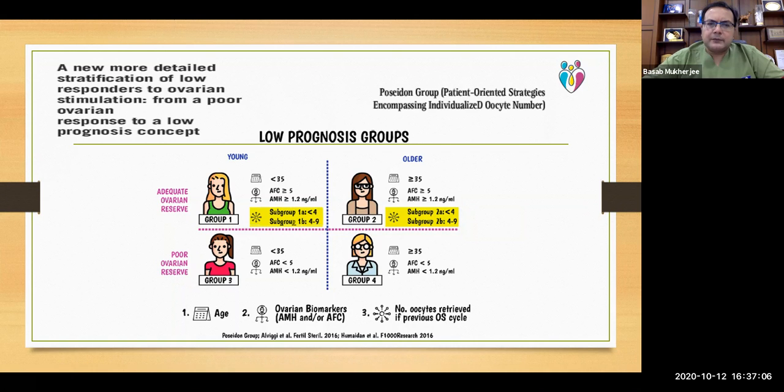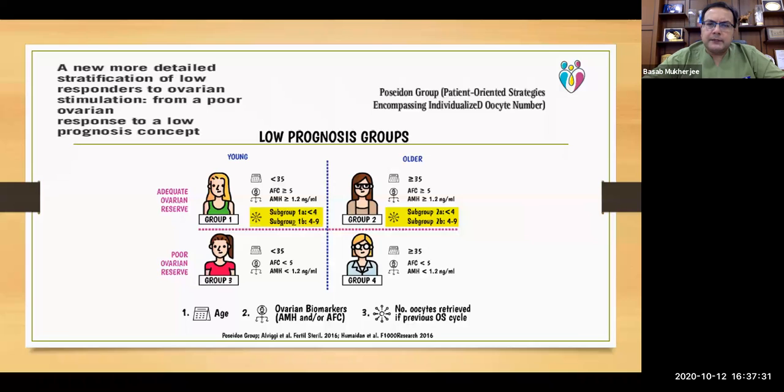So just to put them in perspective, group 1 is less than 35 with AFC more than 5 and AMH more than 1.2, which is an adequate ovarian reserve, and this would be the good group. Then there's the older lady, more than 35, who also has AFC more than 5 and AMH more than 1.2.